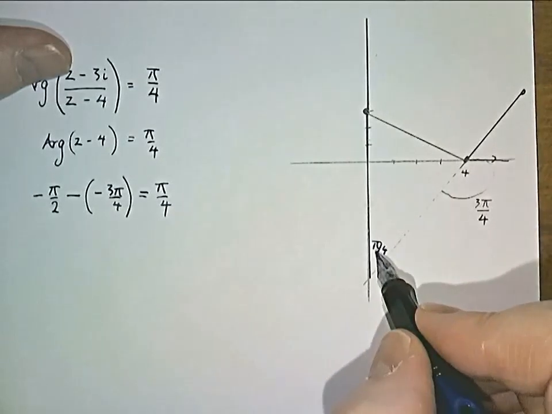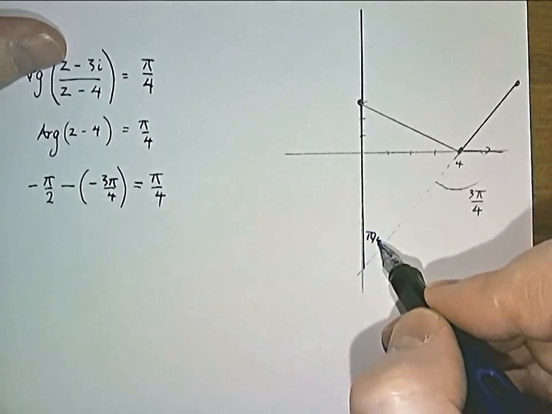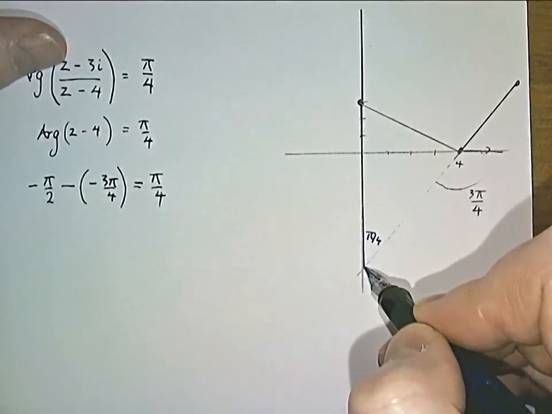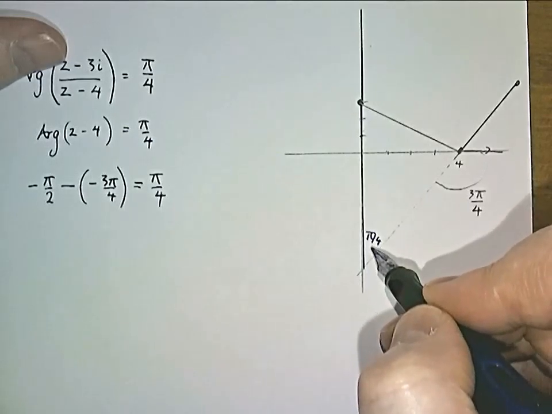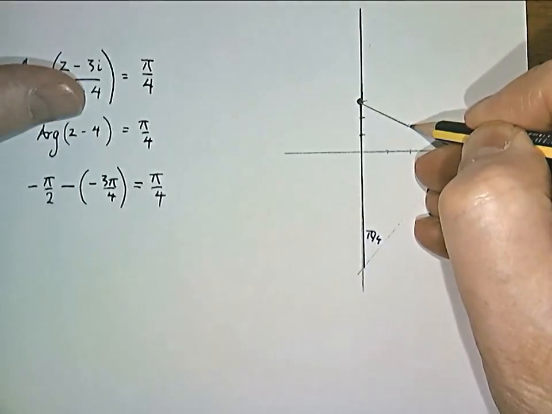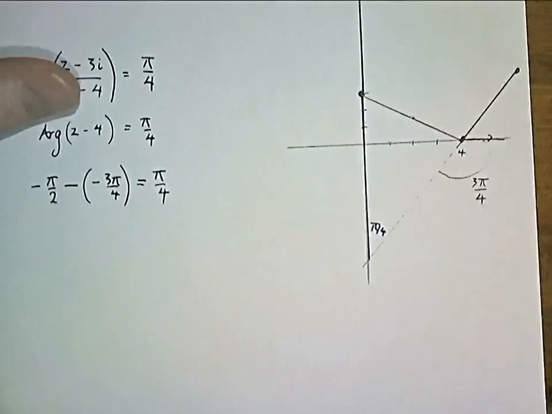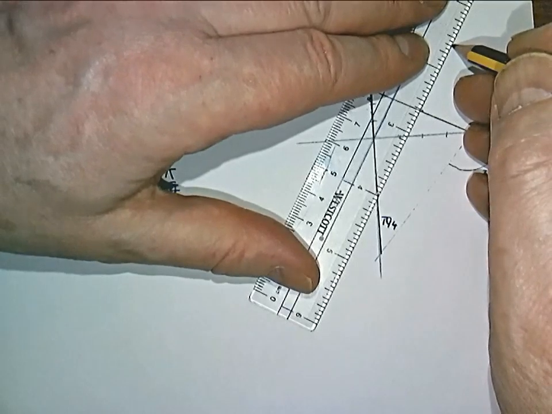If we wanted to know where the centre of the circle was, then we would know that the angle at the circumference is half the angle at the centre, so we're looking for an angle of pi over 2. And we also know that if you find a perpendicular bisector of a chord, then that's going to give you a line which goes through the centre of the circle.